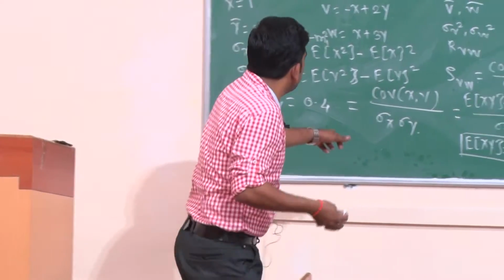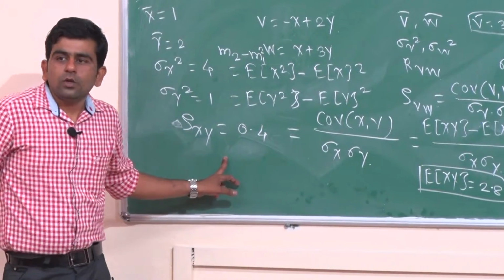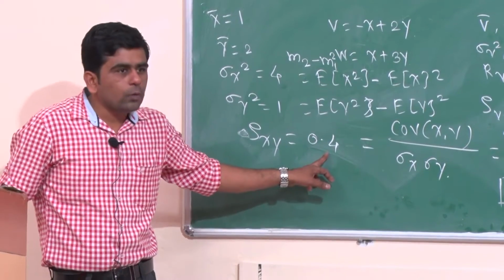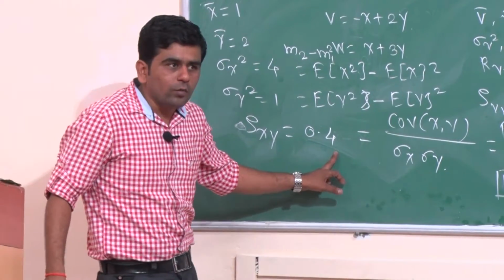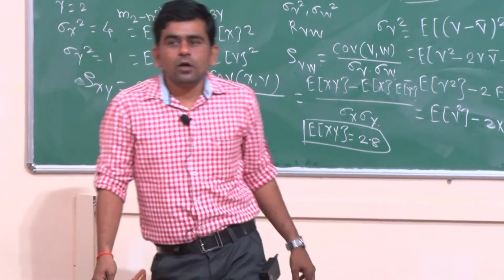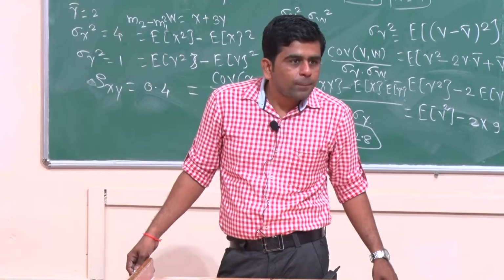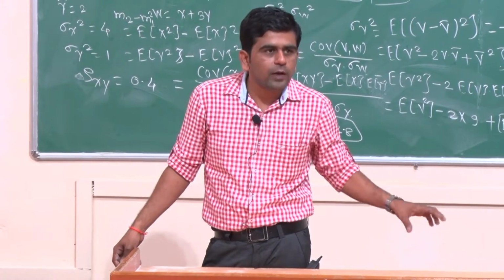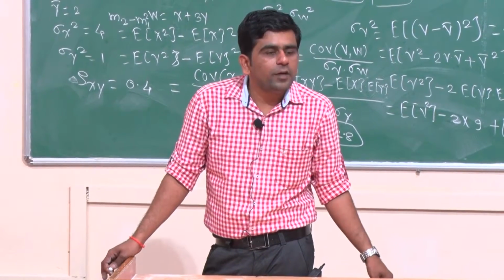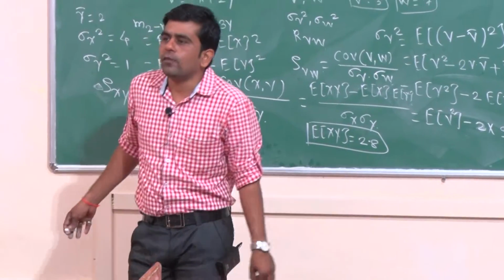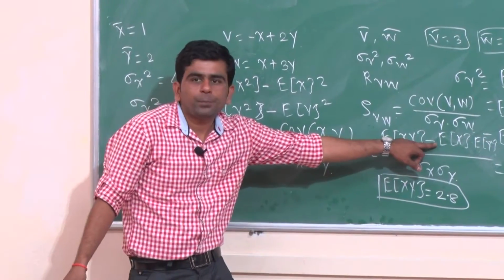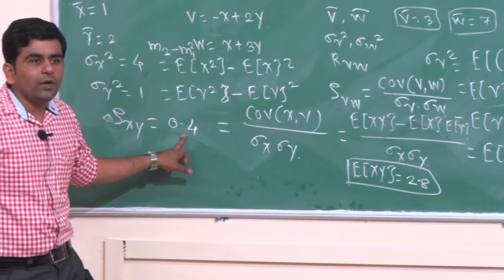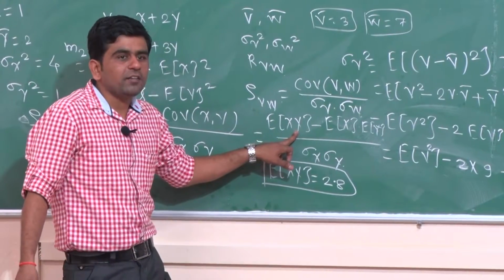But they are given the coefficient of correlation, rho xy, that is equal to 0.4. This correlation coefficient is nothing but covariance of random variables x and y divided by their standard deviations, sigma x and sigma y. The covariance is given as expected value of xy minus expected value of x into expected value of y, divided by sigma x into sigma y, that is equal to 0.4. Here expected value of xy is unknown.